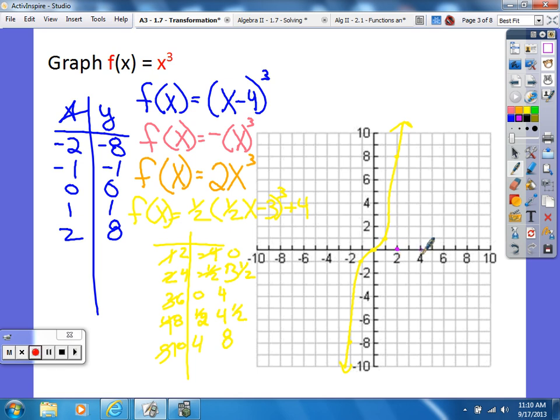I go to 4 and to 3.5. I go to 6 and I go to 4. I go to 8 and I go to 4.5. And I go to 10 and I go up to 8. All right. So here's my new and final last graph.